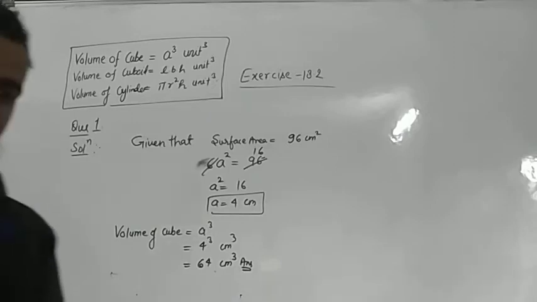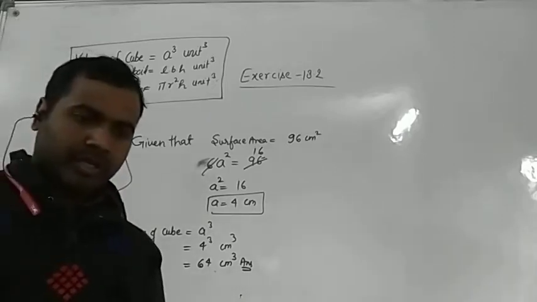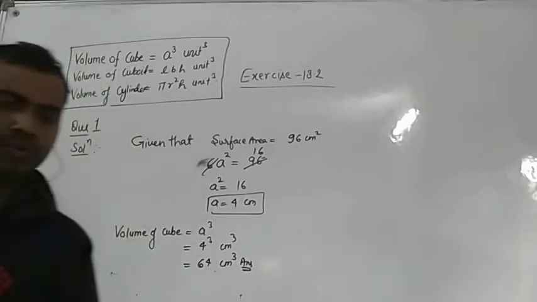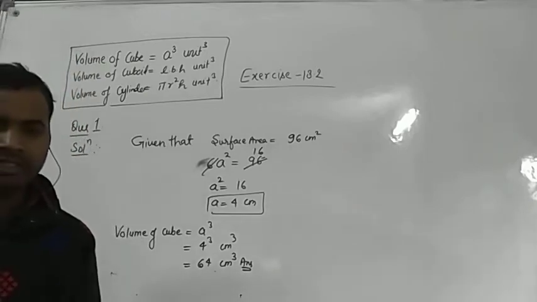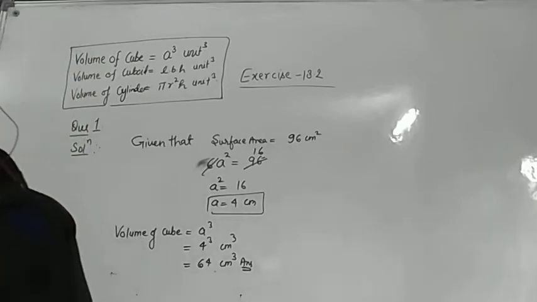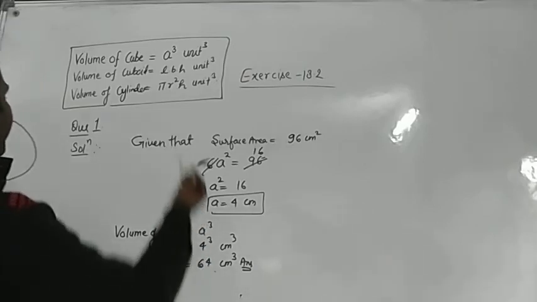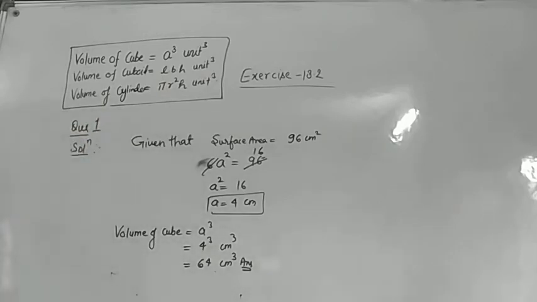Now in similar way, question number 2. The area of floor of a room is 15 meter square. If the height is 4 meter, find the volume of air contained in the room. So first, we discussed in the previous video that volume of cube, cuboid and any three-dimensional figure is area of base into height.